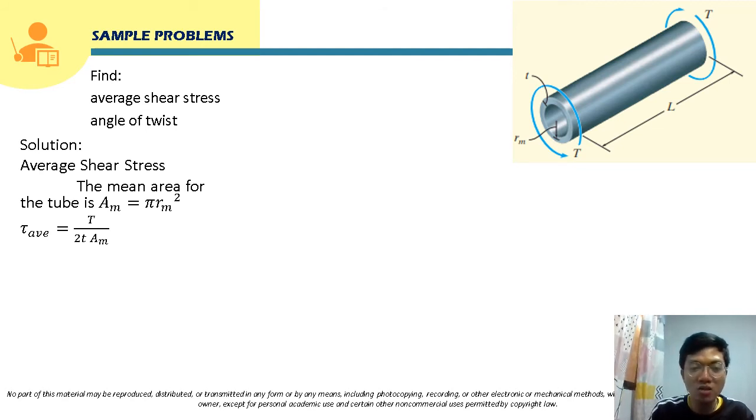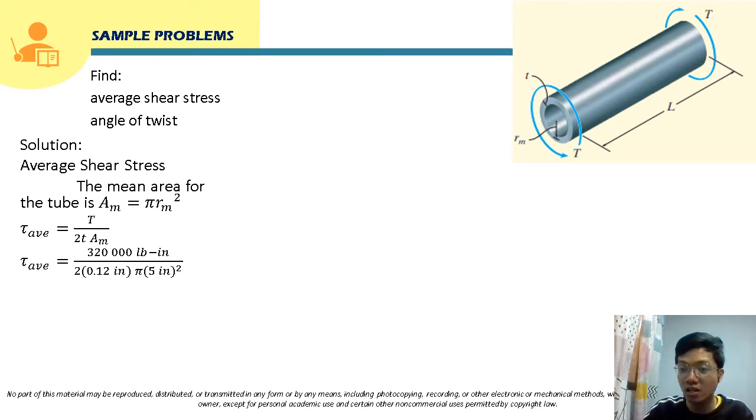From here, class, we can now substitute the given values in the problem. The applied torque is 320,000. If we solve for its internal torque at any section, using the equilibrium equation, that will just be equal to that applied torque.